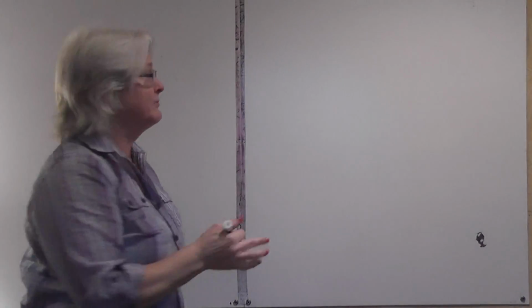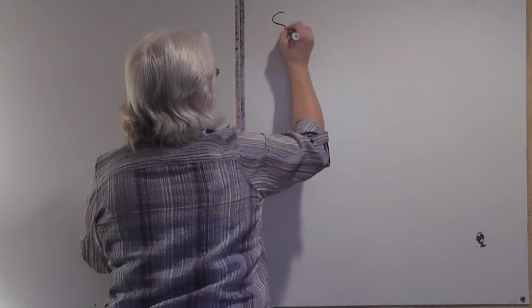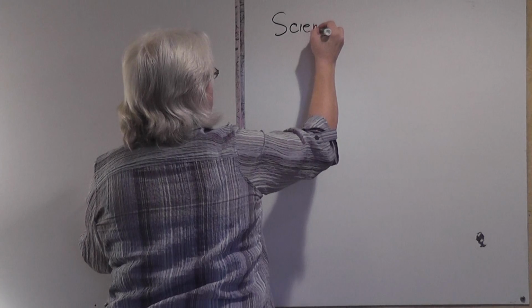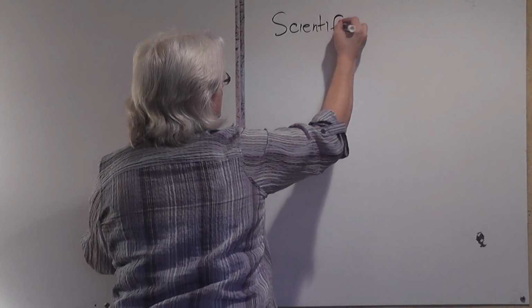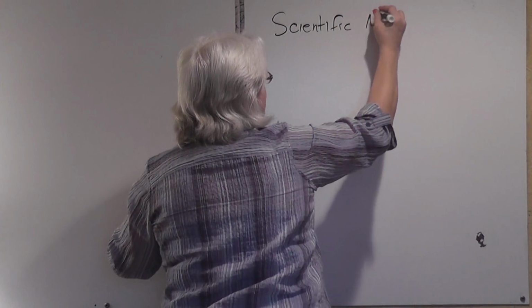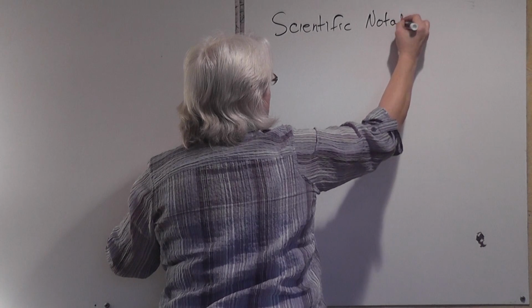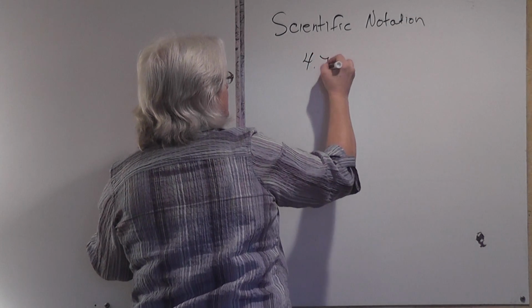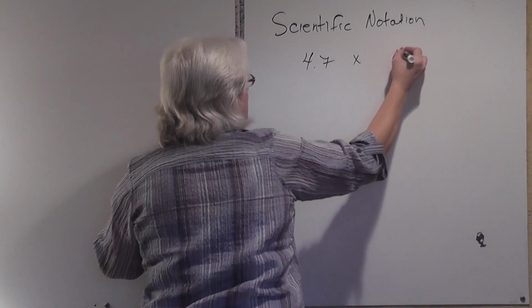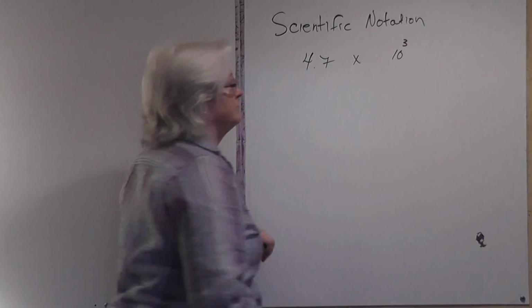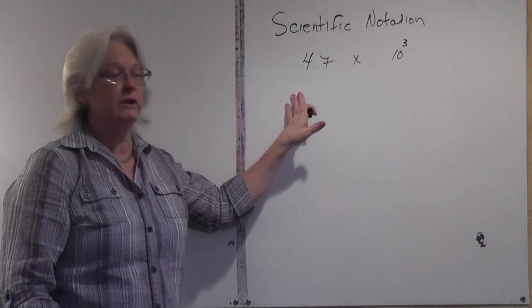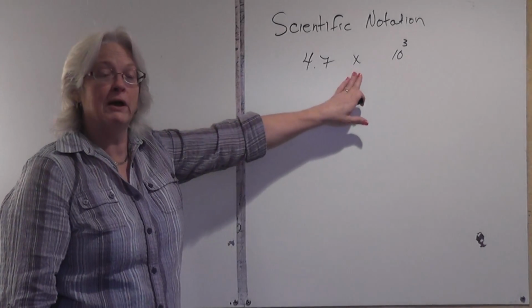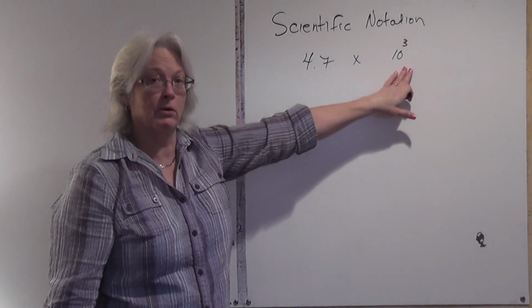Okay, scientific notation. What is the format for scientific notation? Well, it has two parts. It has a number between 1 and 10, and we're multiplying that by a power of 10.